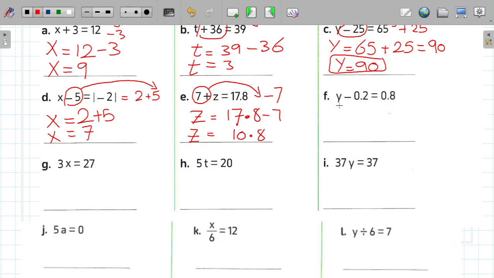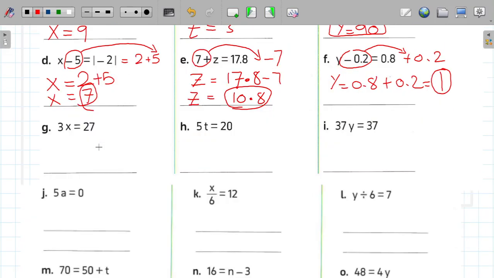Next, I have y minus 0.2 equals 0.8. So I will send minus 0.2 to the other side with the inverse operation. So I will have plus 0.2. So y equals 0.8 plus 0.2. So it will be just 1. Okay, so the value of y equals 1.